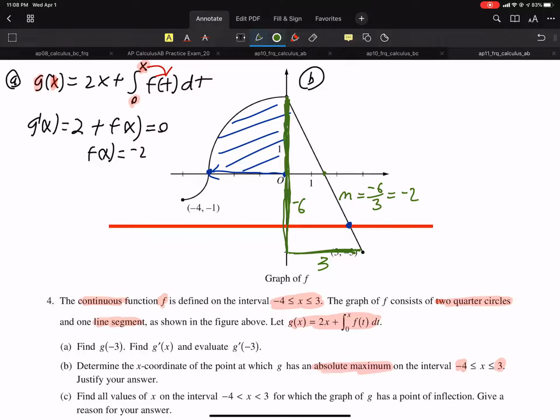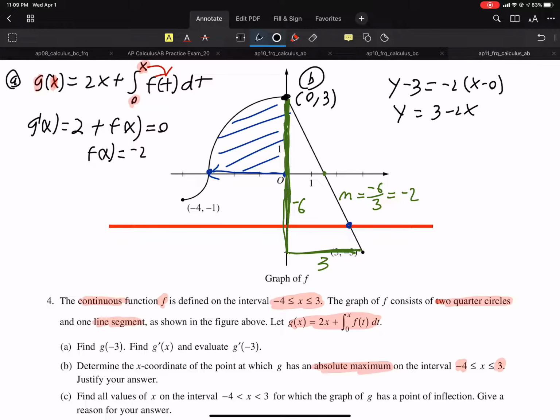So let's take a look here. We probably, to be safe, should write the equation of this line. Okay, it goes through that point here, which is 0, 3, and the slope is -2, so it's going to be y minus y1 equals -2 times x minus 0. So it's going to be 3 minus 2x.